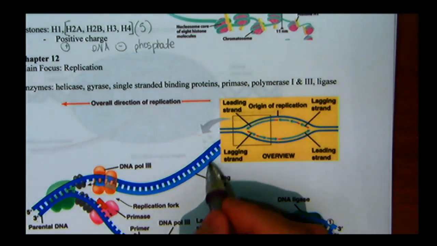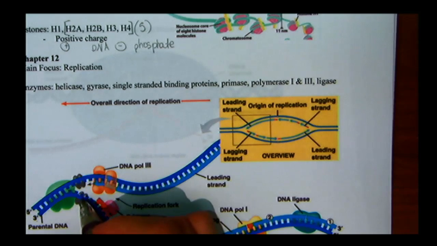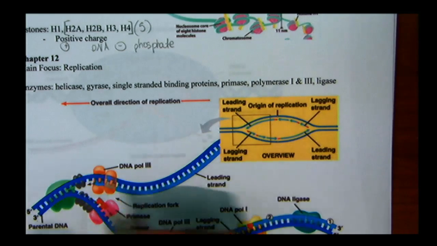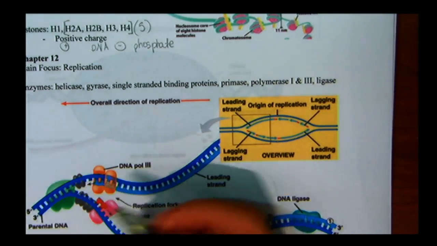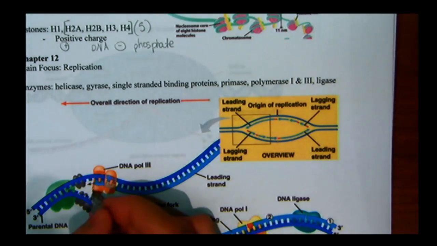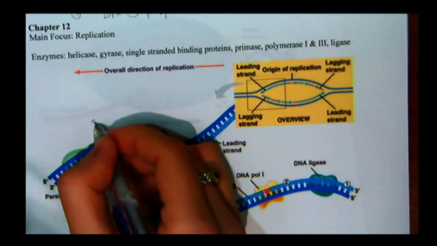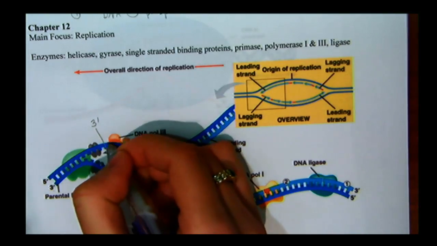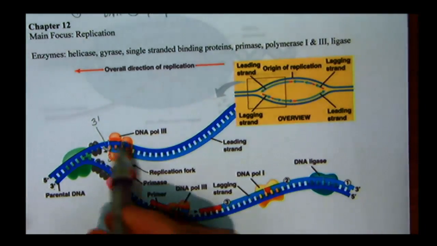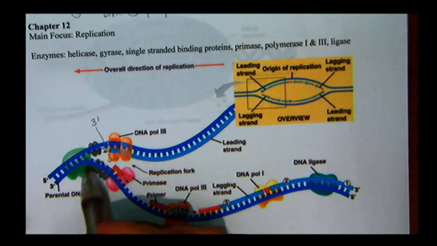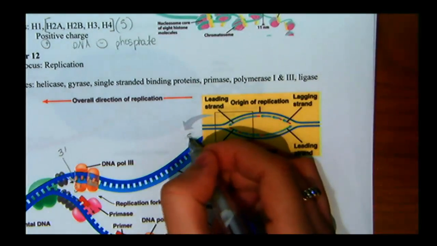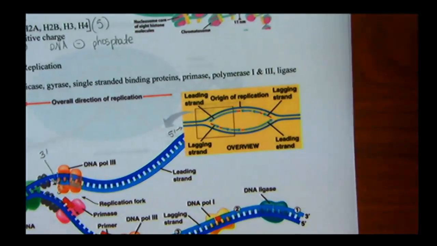The 3' end has to be here, on this end of the strand, to make it anti-parallel, when over in this end would be the 5' end, back over there. Same thing with the bottom strand here. If this is the 3' end of the template strand, then that means this has to be the 5' end of the new strand. And back over here will be the 3' end.